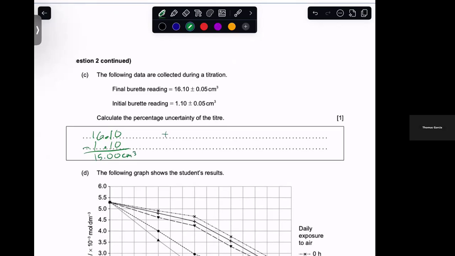Our uncertainty was plus or minus 0.05, so that's 0.05 up and 0.05 down for a total change of 0.1. So we're going to take 0.1 divided by 15.00, multiply by 100 to get a percent, and we'll get 0.67%.